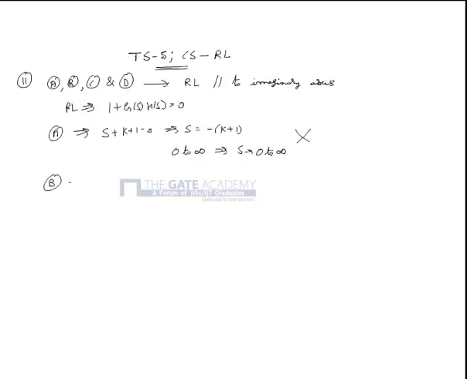As per the option B, the characteristic equation is s square plus 4s plus 4 plus ks plus k is equal to 0. Therefore the poles of the closed loop control system are s is equal to minus (k plus 4) plus or minus square root of (k plus 4) whole square minus 4 into (k plus 4), divided by 2, which on simplification becomes minus (k plus 2), minus 2.